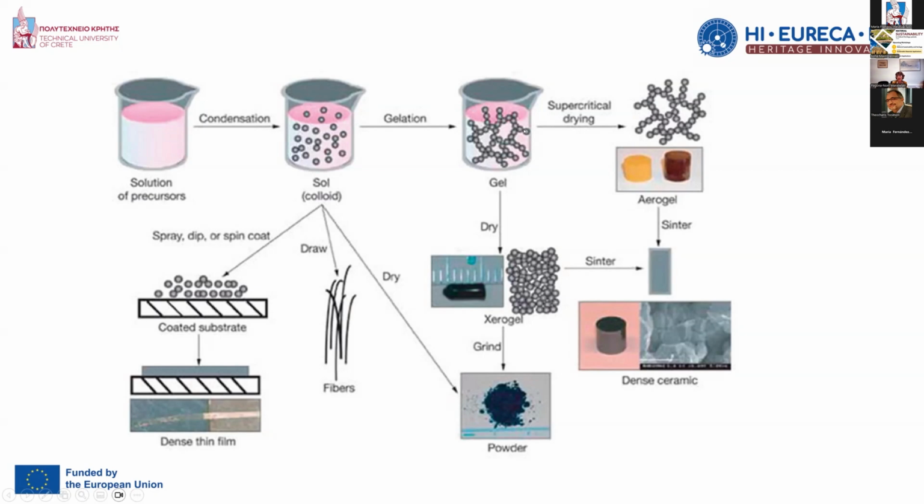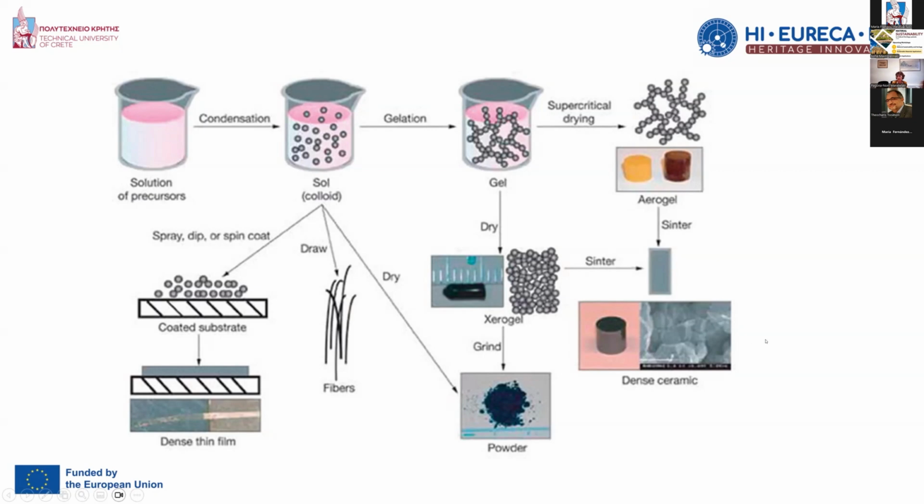Or in other conditions of supercritical drying, this means that we have a very rapid evaporation of the solvent here. Aerogels are produced, which then can be sintered and yield dense ceramic materials.